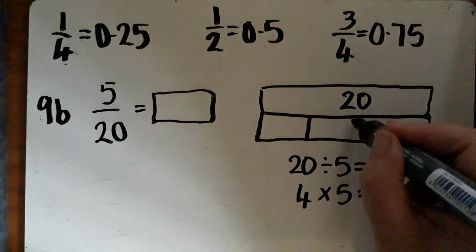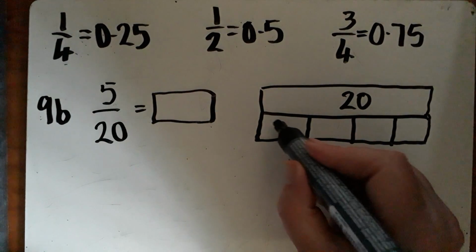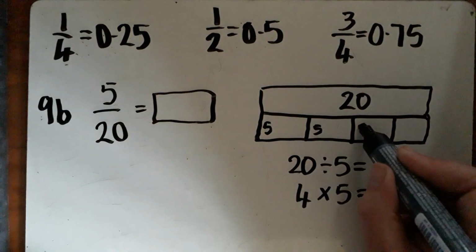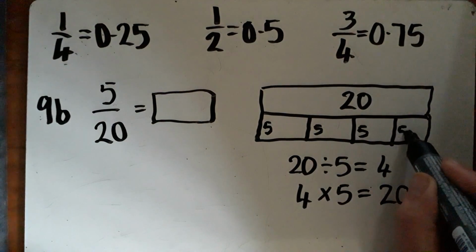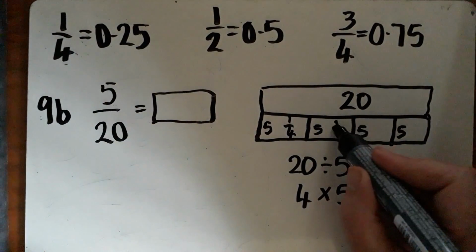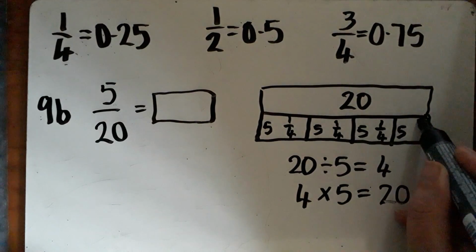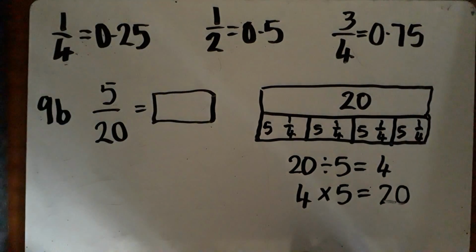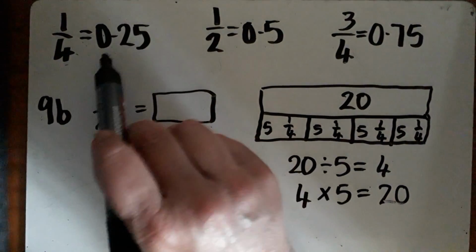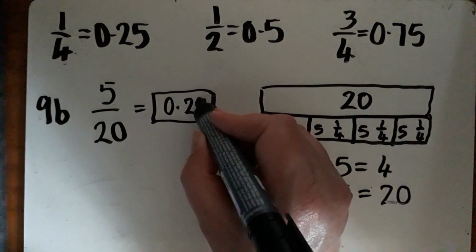Okay, right, so that means each 5 that is in this bar is worth a quarter. Okay, and then from our decimals you should be able to see what a quarter is worth. Right, so 0.25.